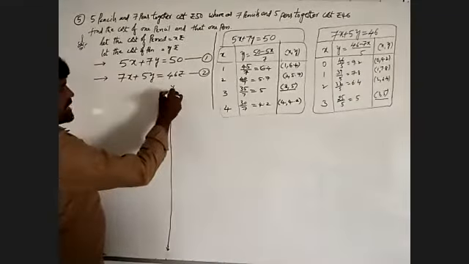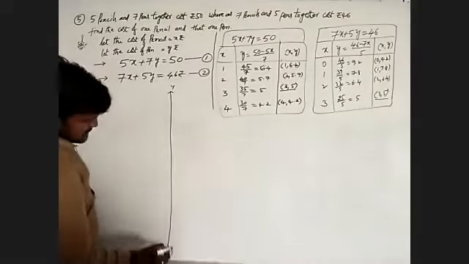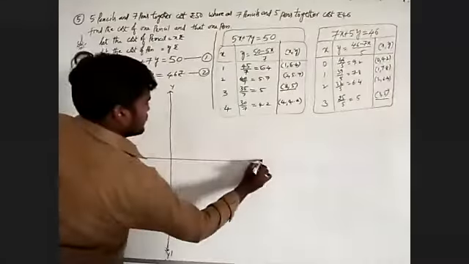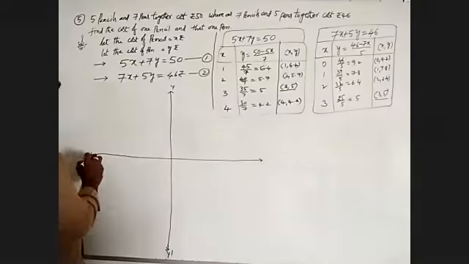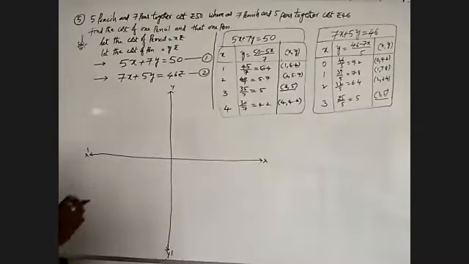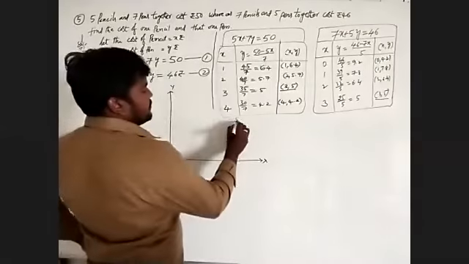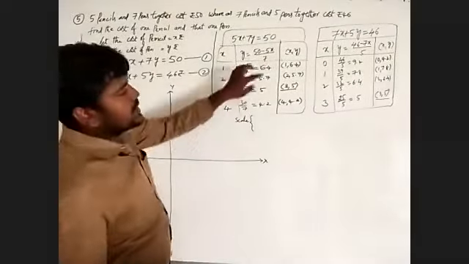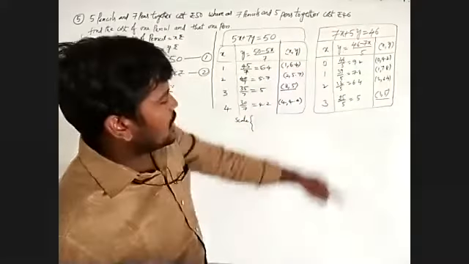This is the y axis. This is y dash. After that, this is x. This is x dash. First I have to write the scale. We observe the x coordinate values. All are below 4.